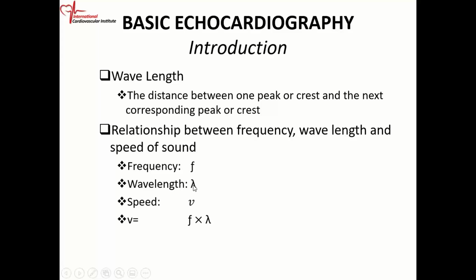And if we divide the wavelength by the time it takes, let's derive the formula, because if you know how to derive the formula, then you don't have to memorize it. So again, speed is distance over time, and this is in all situations, distance over time.